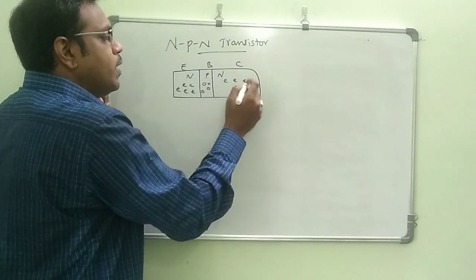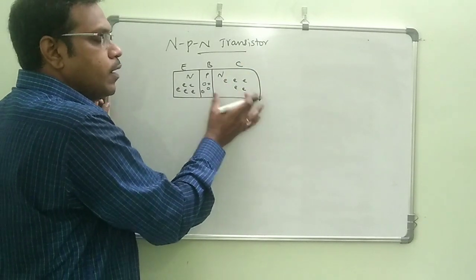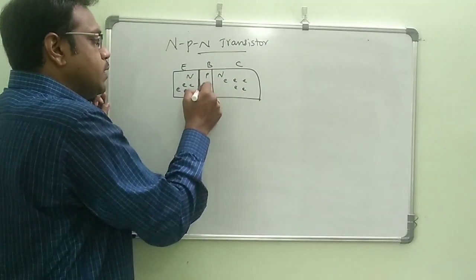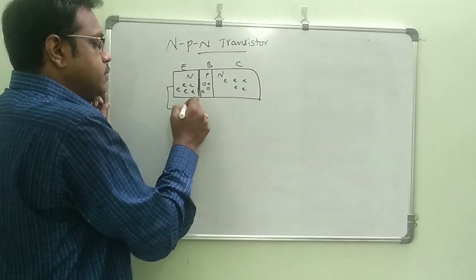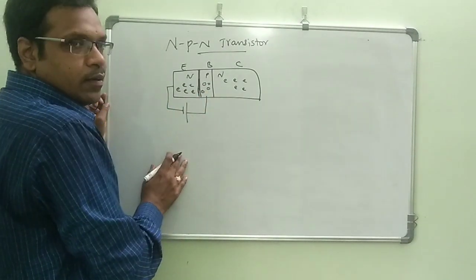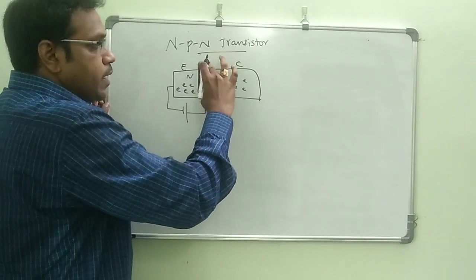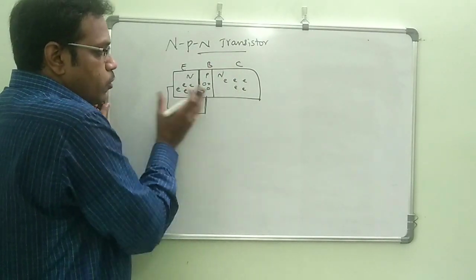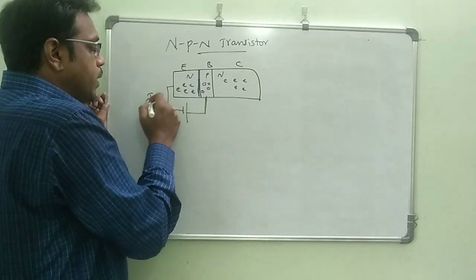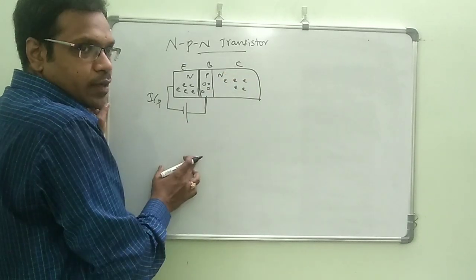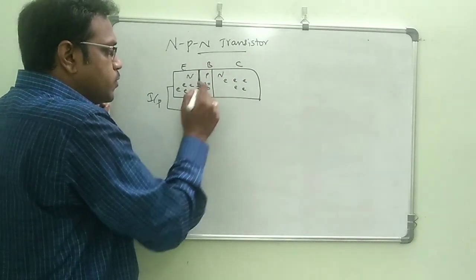In the collector, electrons are moderately doped, but they occupy more space because it is bigger in size. As a concept, this junction should have forward bias. When I keep it like this it is called common base, because the base is common. We can call this the input, because the electrons start from here.